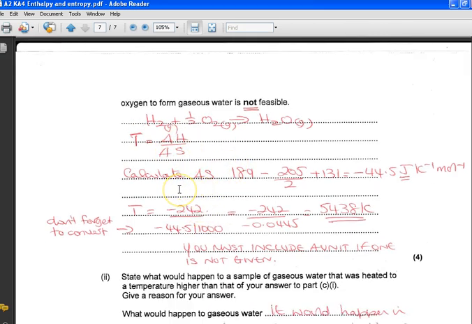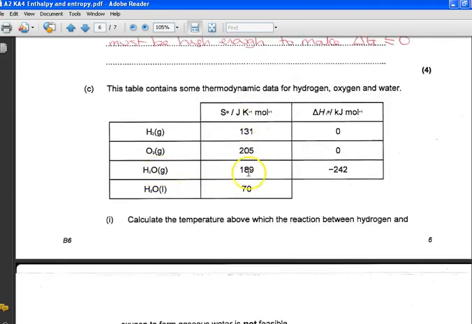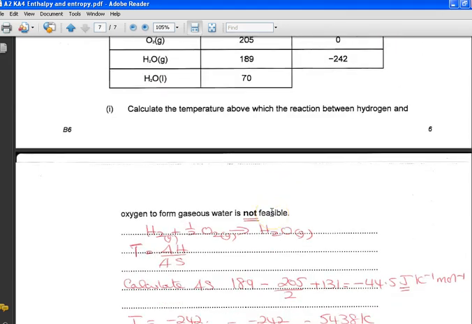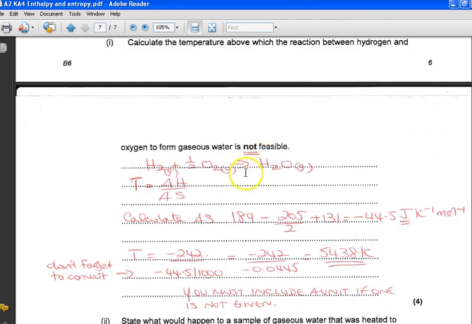You need to calculate your delta S value from the table. So we've got water here as a gas, 189. Oxygen 205, and hydrogen is 131. So we've got 189 for our delta S because that's our product for water.